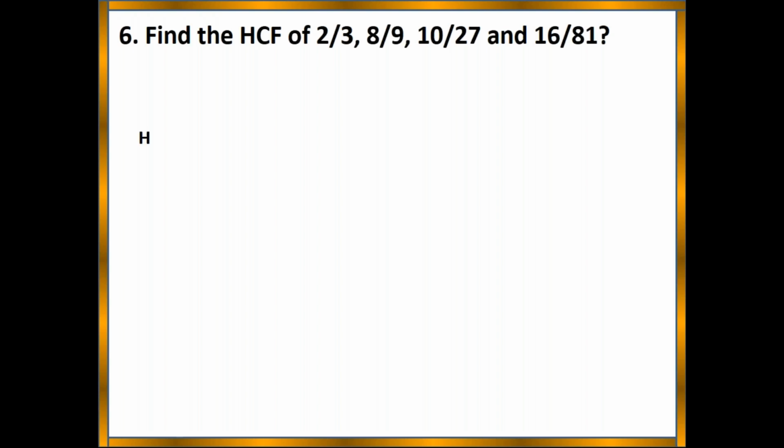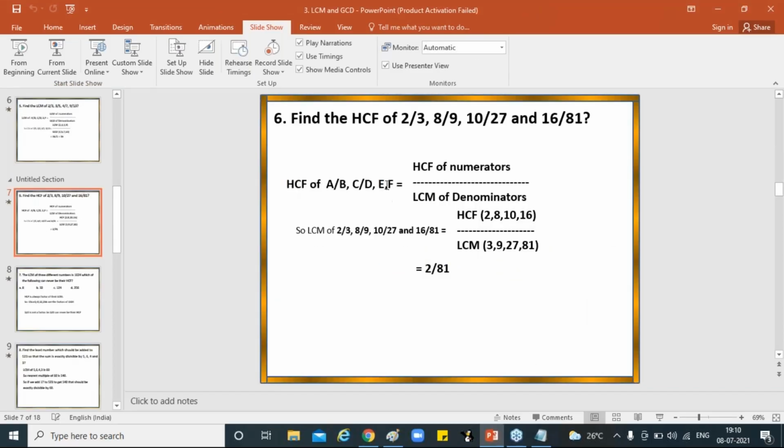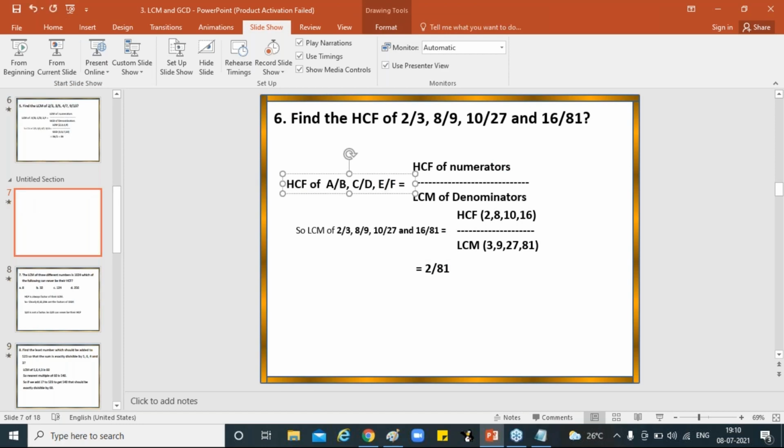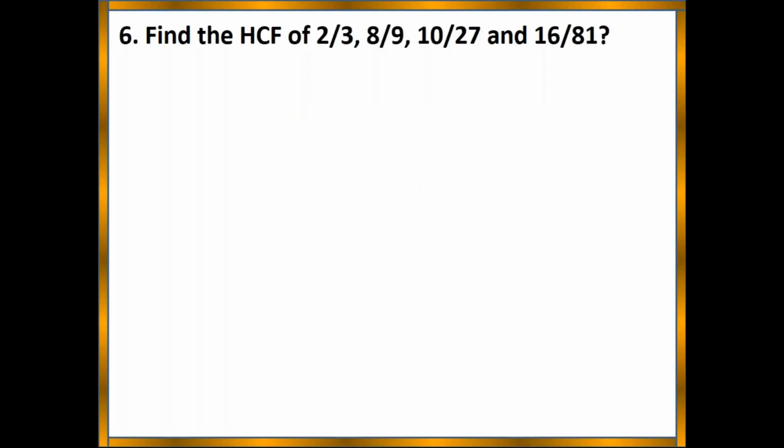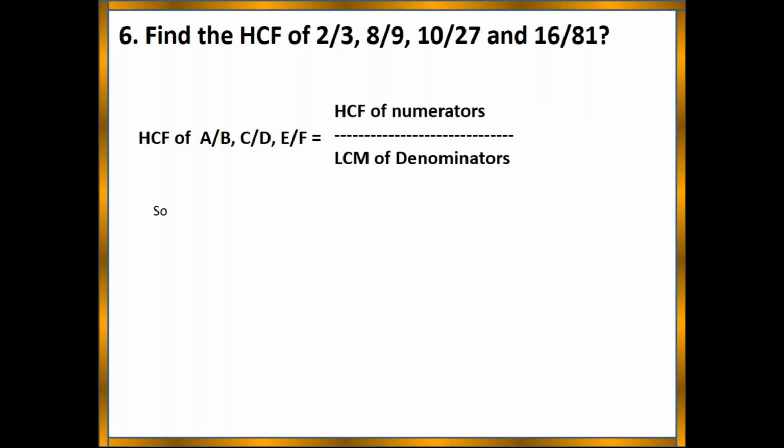Same model. To find the HCF of the fractions, write down a formula. HCF of A by B, C by D, E by F is equal to the HCF of numerators by the LCM of denominators.